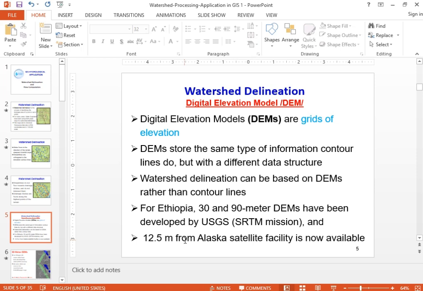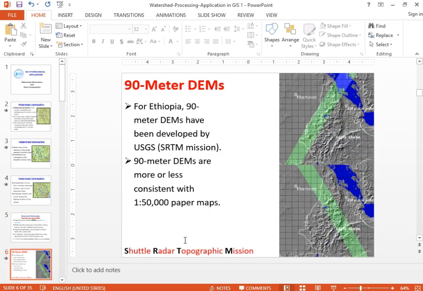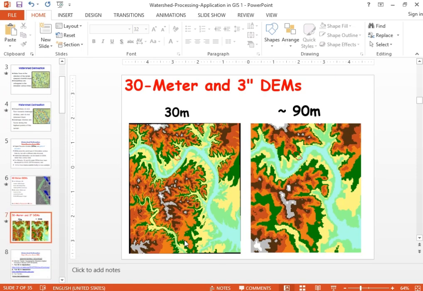So you can use DEMs that have resolutions of 30, 90, as well as 12.5 meters.